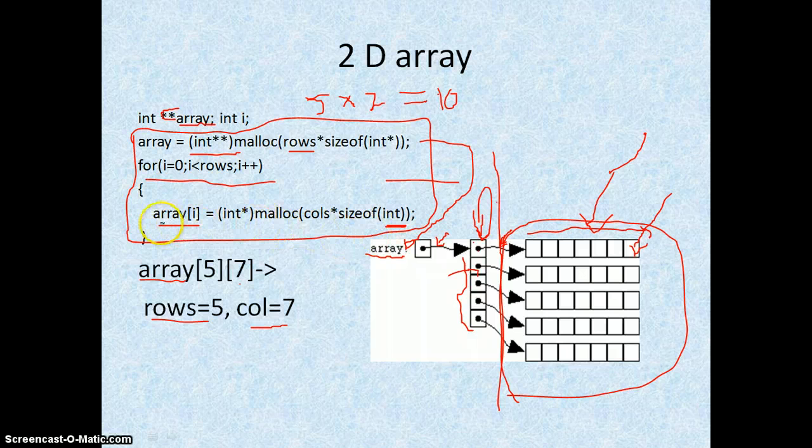So array of i is only one pointer, and the columns are 7 times the size of an integer, so this one row will be allocated. This is what it means. For each array element, that is for each row, we need to run this for loop. That is how 2D allocation works. Thank you.